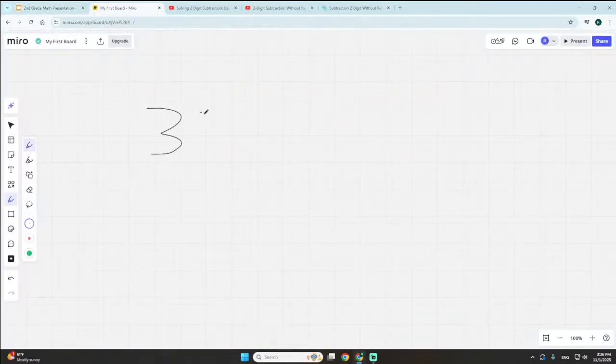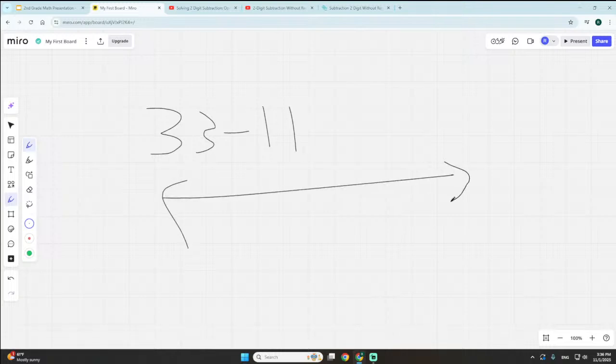Let's do 33 minus 11. So we start with 33. 11 in factored form is 10 plus 1. So we first want to make the jump in the tens place, right?